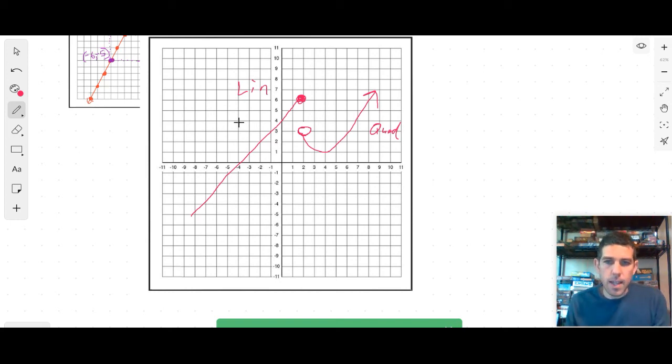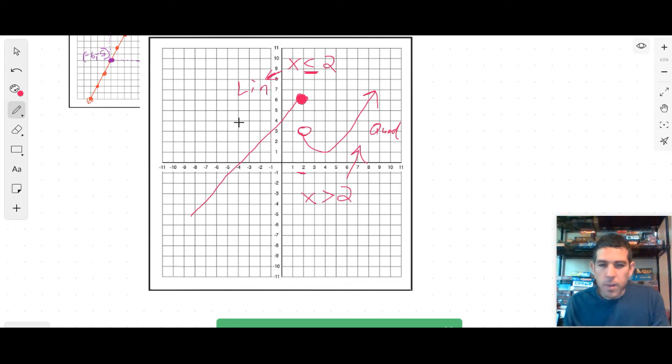That's telling us that we should be using this linear function when x is less than, well, since this is a closed dot for the linear, we'll put the or equal to sign, and then this is at 2, right? So when x is less than or equal to 2, because of the closed dot, use the linear function. However, if x is greater than 2, use the quadratic function.